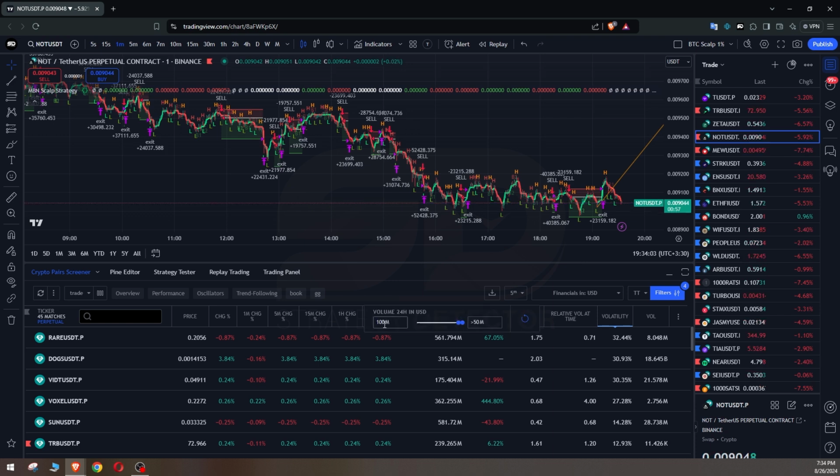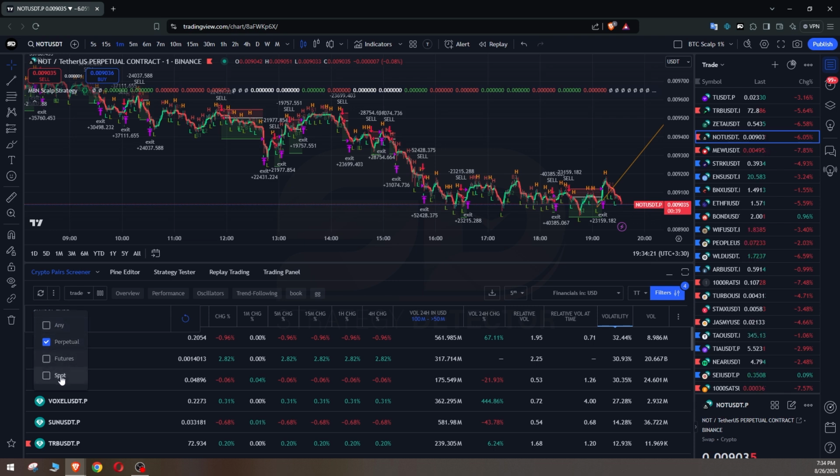For example, you can select currencies that have had over $100 million in trading volume in the past 24 hours, meaning currencies with suitable volumes. Then specify the type of trading. For instance, you can choose between spot, futures, or perpetual. I usually work with perpetual and use this option.